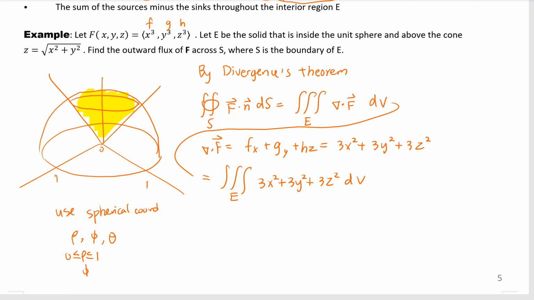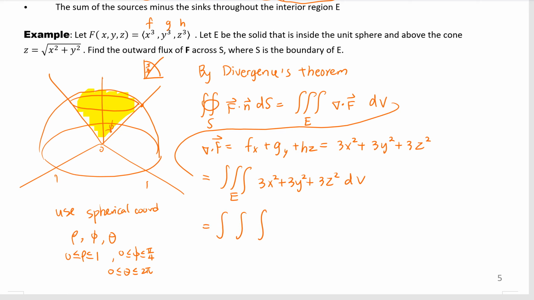How about phi? Well, look at this angle. Phi is the drop-down angle, right? If we cut it like this, at this point, this is pi over 4. So phi is from 0 to pi over 4, and theta is from 0 to 2 pi. So far, so good, everybody? Okay.